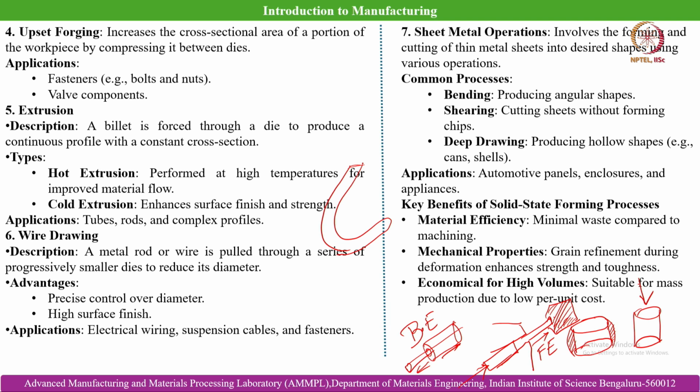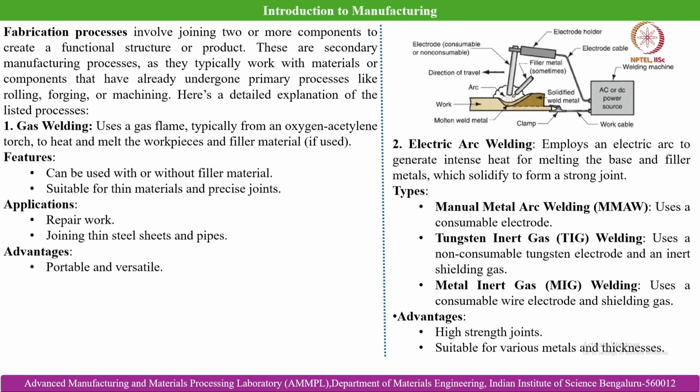We can manufacture it by casting also, but we do it by metal forming to achieve preferential flow of grains, so that we can achieve much higher mechanical properties. So that is another reason why we go for metal forming, to improve mechanical properties. And also there is the economic aspect, which is that it is suitable for high volume. So these are the different metal forming techniques.